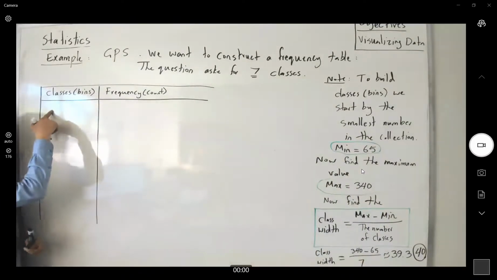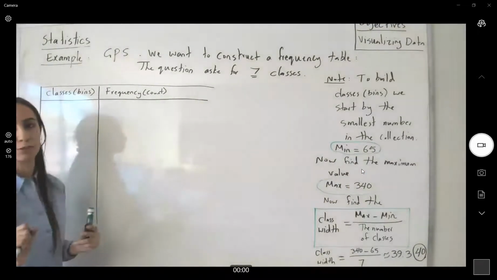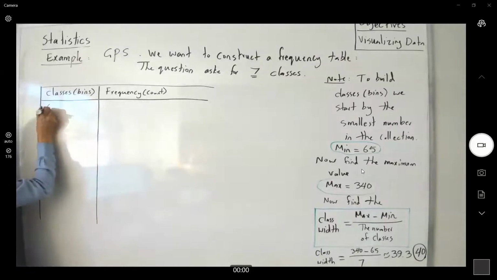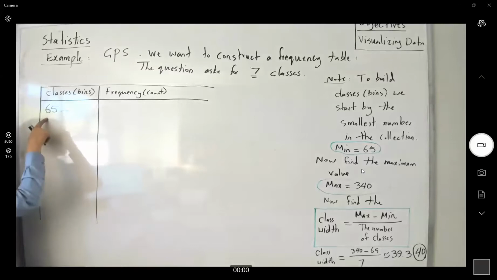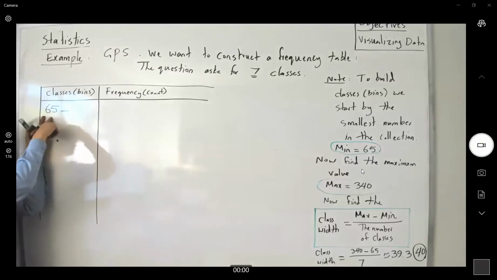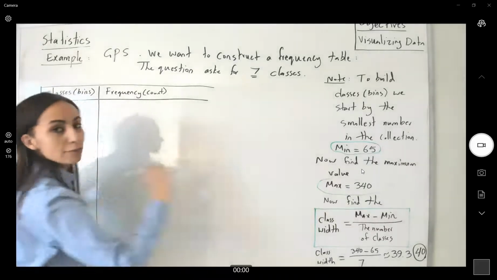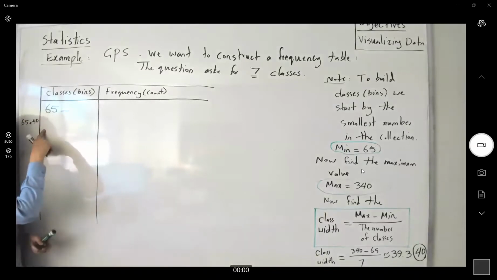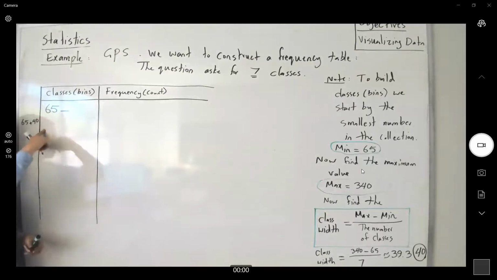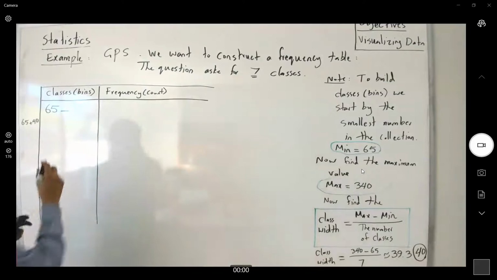Our first class starts by writing the minimum value in your collection, 65. This is your very first class, and the start point is 65. 65 plus 40 actually forms your second class, which is 105.